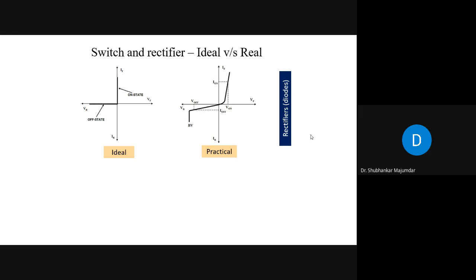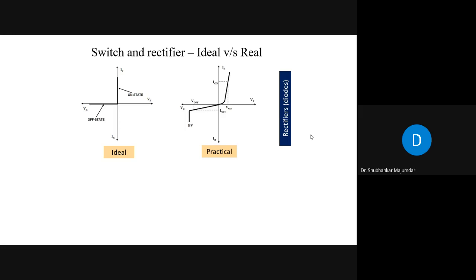But ideally we don't get that in a diode based rectifier. We get a curve, like an exponential curve increasing, and an off state curve. This is due to the semiconductor used. In a semiconductor, both the drift model and the diffusion model are working, so current is moving from one electrode to another, like from cathode to anode.